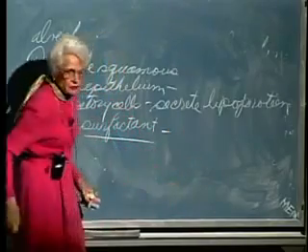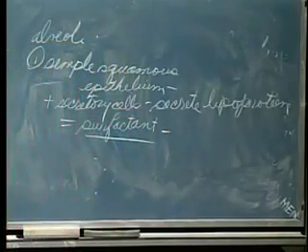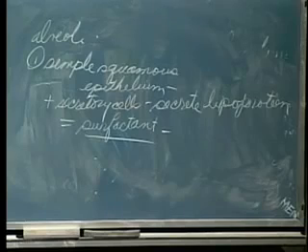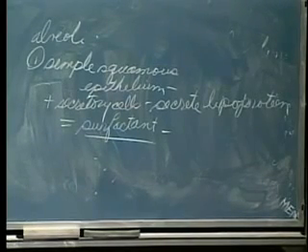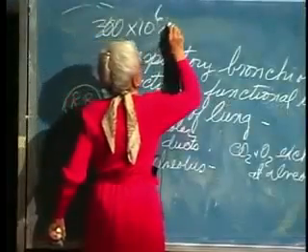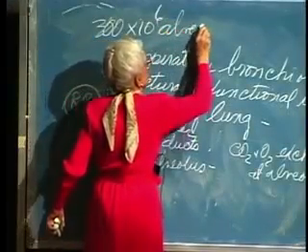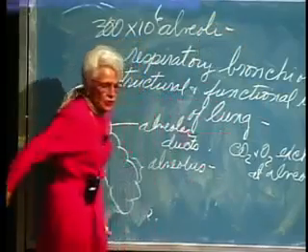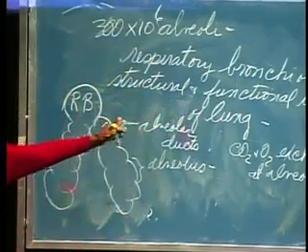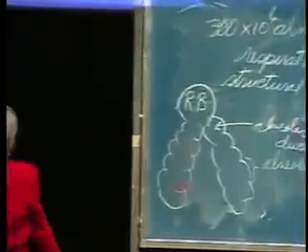Why do you need surfactant? You have all these little alveoli. Do you know how many you have in your lungs? They say about 300 million. So if they stretch them side by side, how big of an area would they cover?